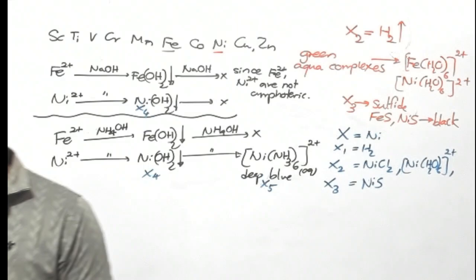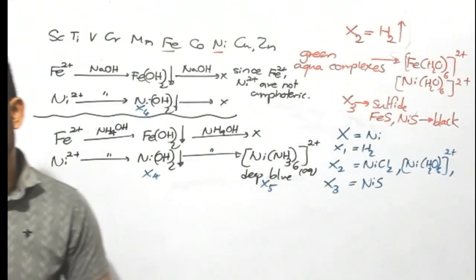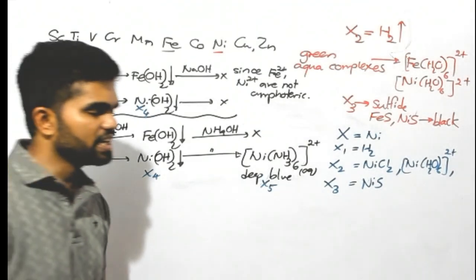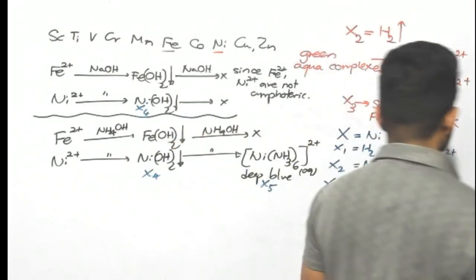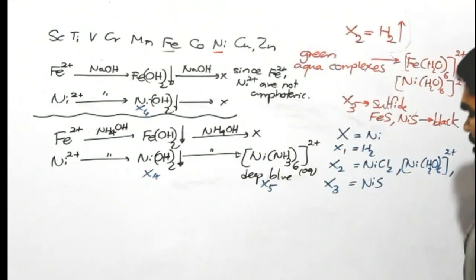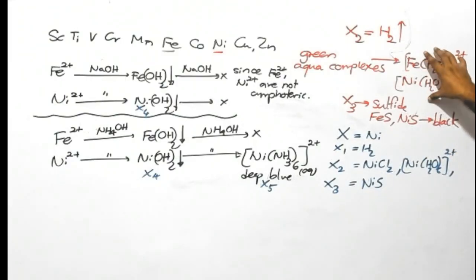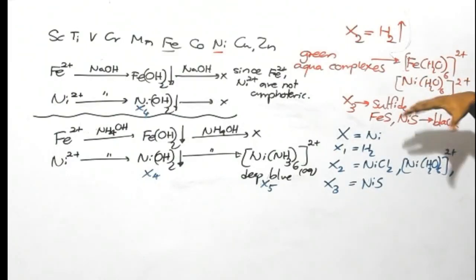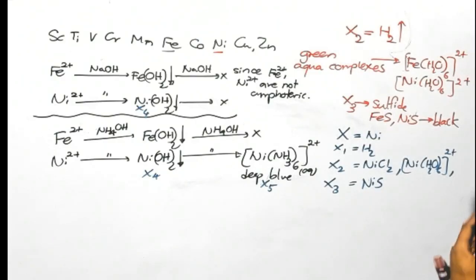Then, treatment of the solution containing X1 with conc HCl. Earlier, with dilute HCl, it just gives you the aqua complex. If you want the chloride complex, you should add either excess dilute HCl or it should say adding conc HCl.